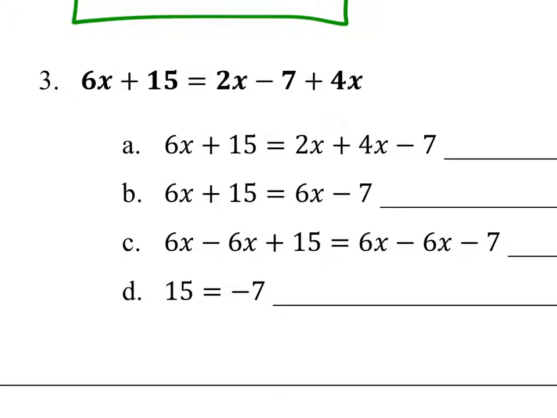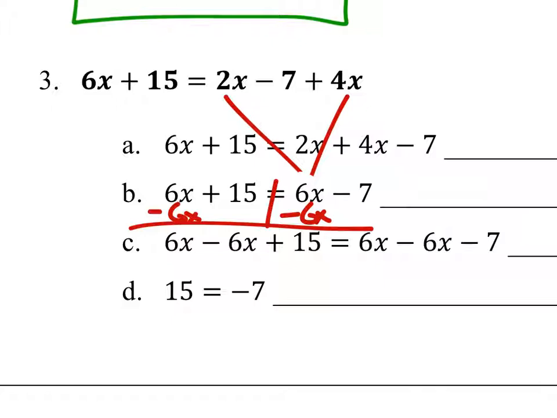On this one, again, I'm going to skip part A and just combine the 2x with the 4x to give us the 6x. And then we got these two equations. Notice this one, we have 6x plus 15 equals 6x minus 7. What would we do? We would subtract 6x from both sides, which is what C is doing.